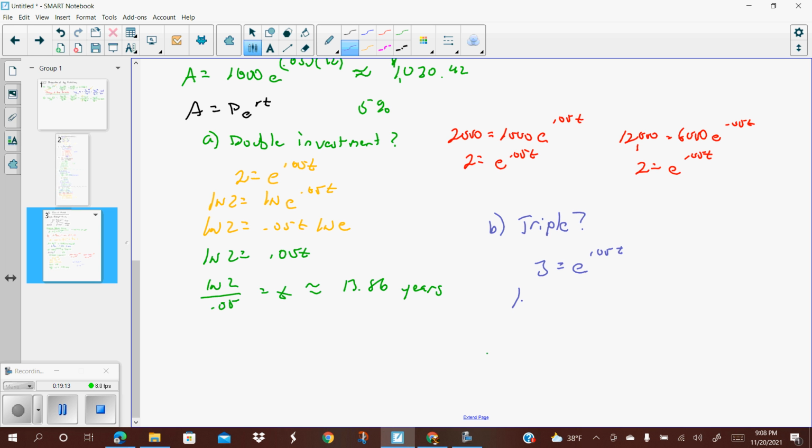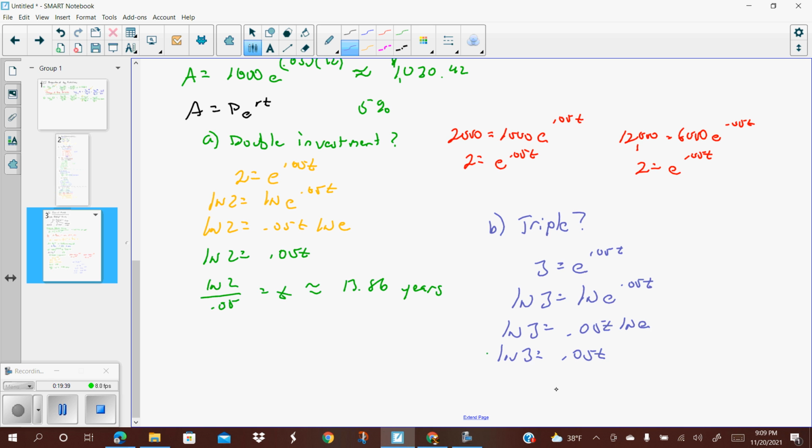Natural log both sides. Bring the 0.05t out to the front of the natural log using properties of natural logs. Once again, the natural log of e is 1, so now we have the natural log of 3 equals 0.05t, technically times 1. We don't need to write the times 1.